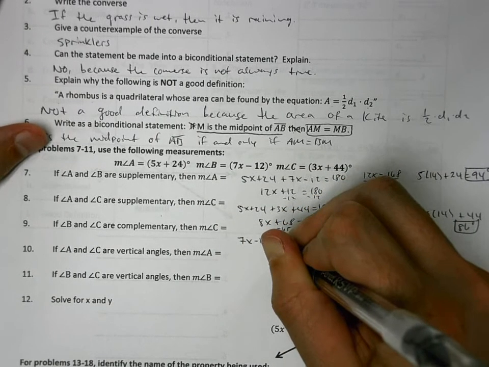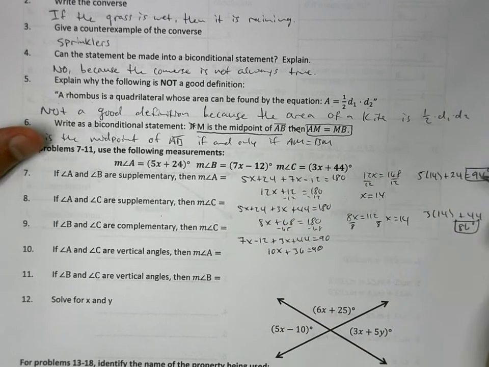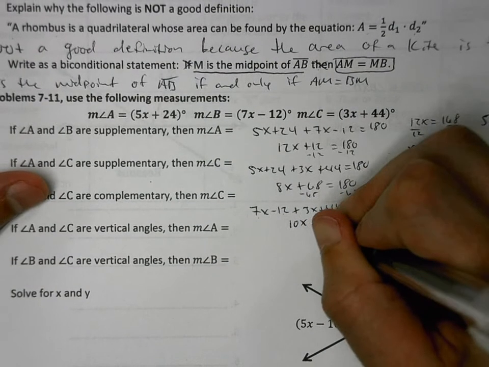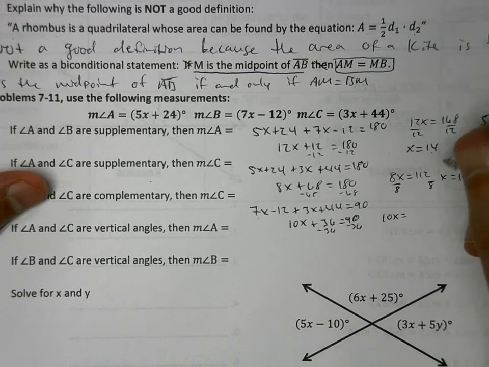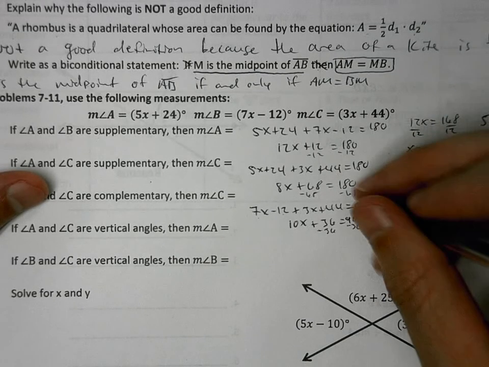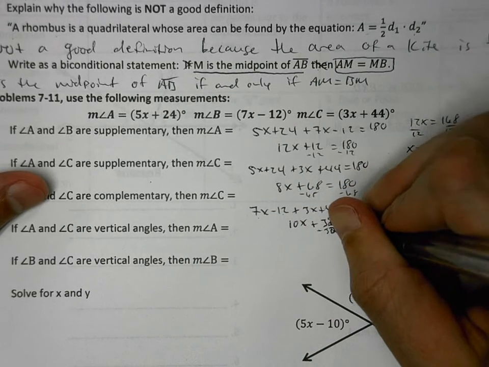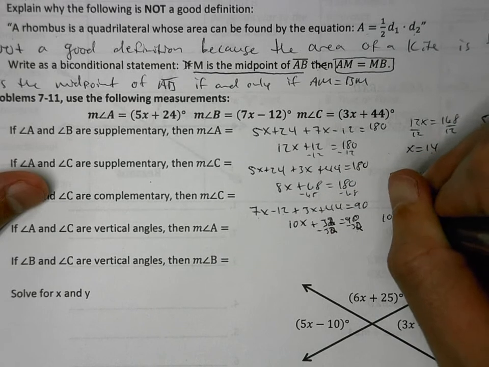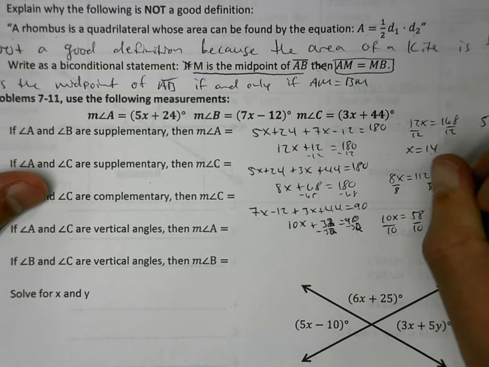Negative 12 plus 44, that's 32. Subtract 32 on both sides to get 10x equals 58. And divide both sides by 10 to get x equals 5.8.